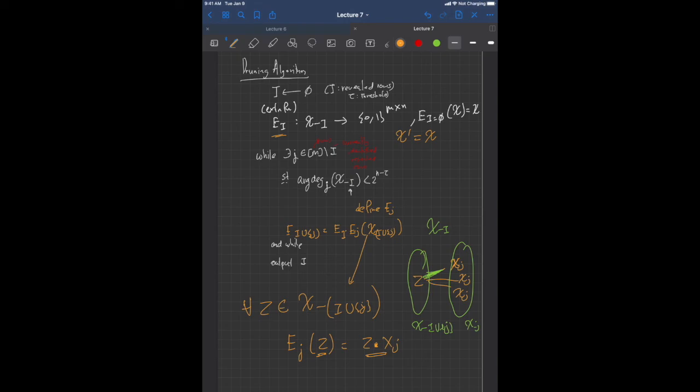So we have defined a unique way to go from partial matrices in X minus I to m by n matrices.